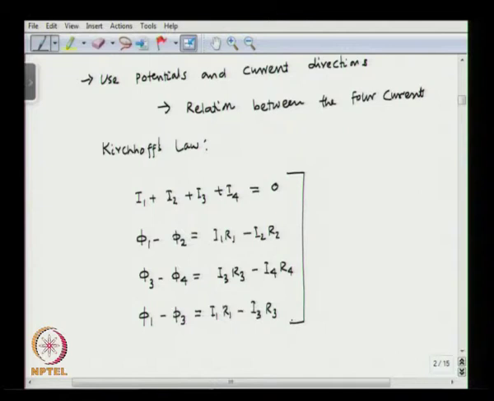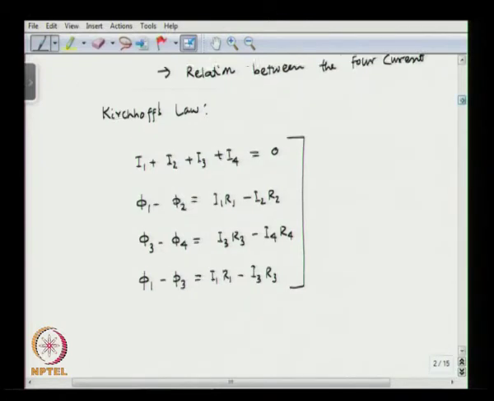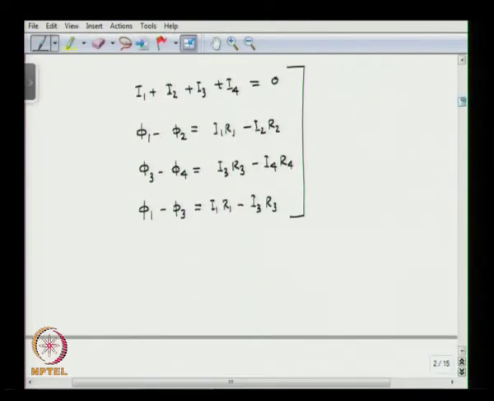So here we have 4 equations and 4 unknowns. The unknowns are I1, I2, I3 and I4, everything else is known. So if we solve the 4 equations simultaneously, we can get an expression for I4.